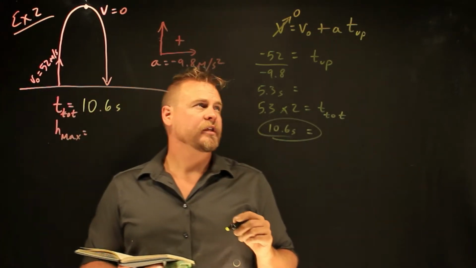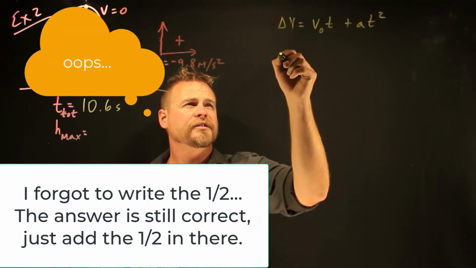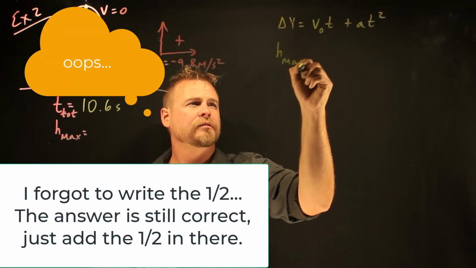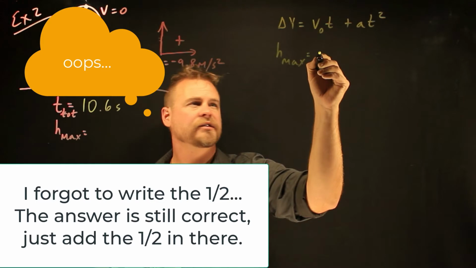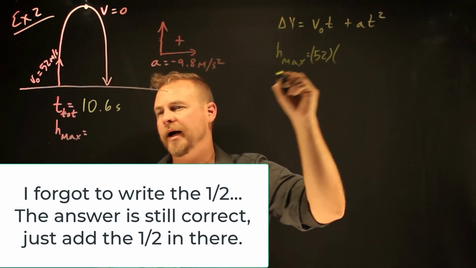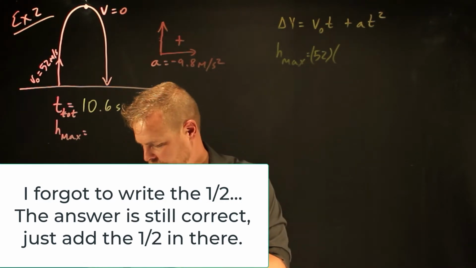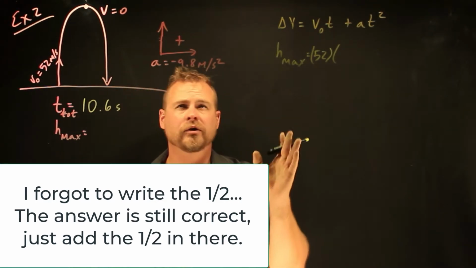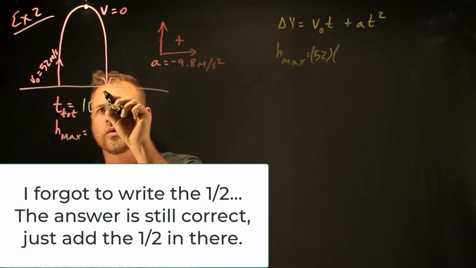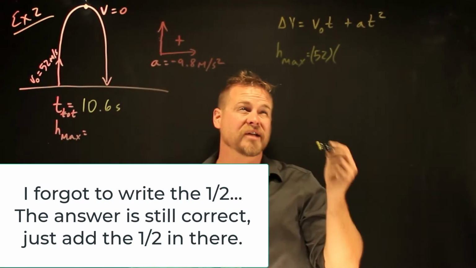Now to solve for the height, the maximum height here, this is the h max. My initial velocity is still 52 meters per second, and I was using it for 10.6 seconds. Oh, I'm sorry. I don't want to use the total air time. I want the top height, so I'm going to use a half air time.